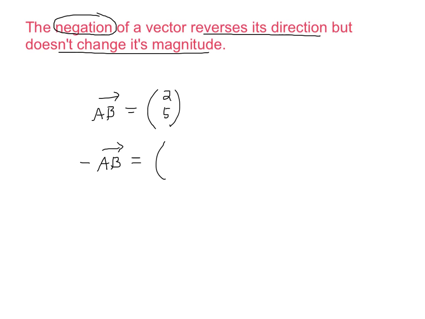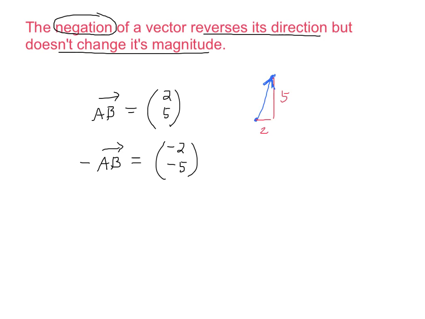You would just negate the components. If we were to illustrate this, the vector with components 2, 5 would have an x component of 2, so suppose you're starting here, we'd have to go to the right 2, and then we'd have to go up 5. This would be somewhat realistic, right? Notice how we have the arrow going in that direction.